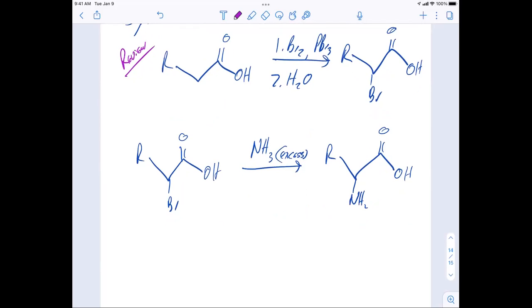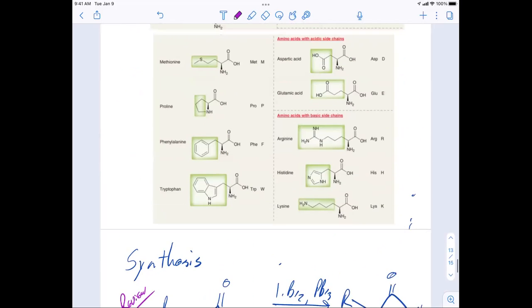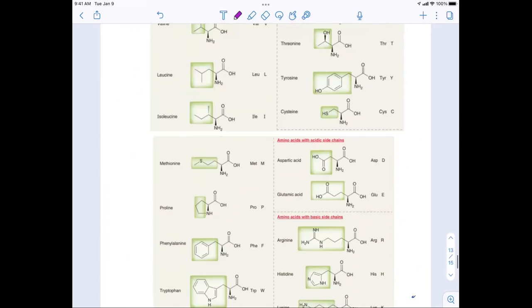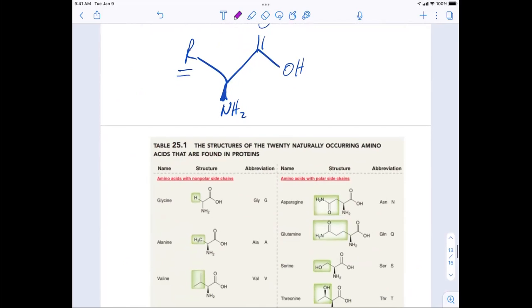Now, the problem with both of these is both of them are racemic. And notice on all of my amino acids here, all the ones that have a stereocenter all have the nitrogen coming out at us, right? So they're all L amino acids.